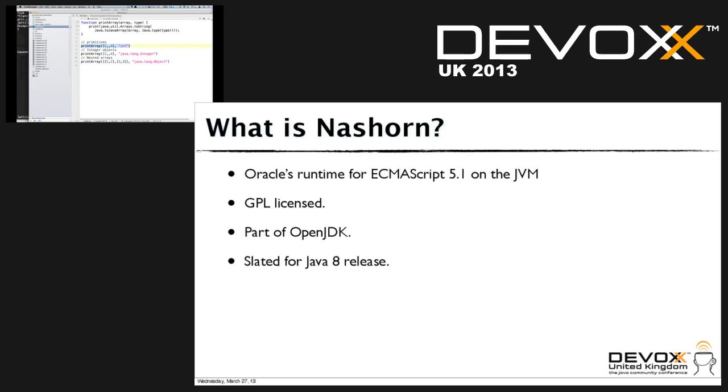So here we have a sparse array, and we convert it to a primitive array of ints. Then we do the same thing, but we convert it to Integers. And then we look at what happens with the nested arrays. So this is an array of arrays, and we convert it to an array of objects.